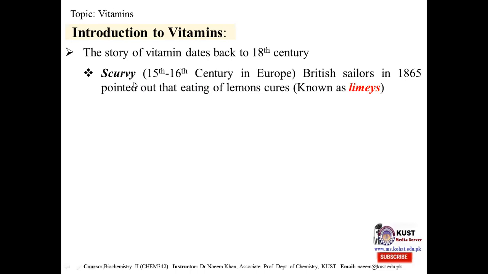So people became aware about the disease scurvy in 1865. British sailors reported that if you are taking lemons, of course, this is the disease of vitamin C, so if you are taking lemons, they have vitamin C, and this disease will be cured.